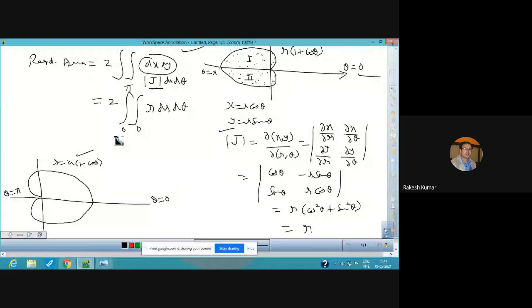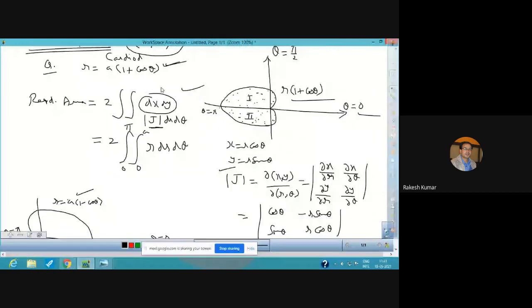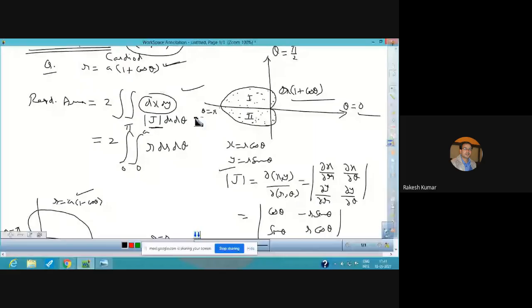But if we have the equation with a positive sign, then r varies from 0 to a into 1 plus cos of theta. Now you can integrate with respect to r first. That comes out to be r square over 2, from 0 to a into 1 plus cos of theta, d theta. Now substitute the limits.